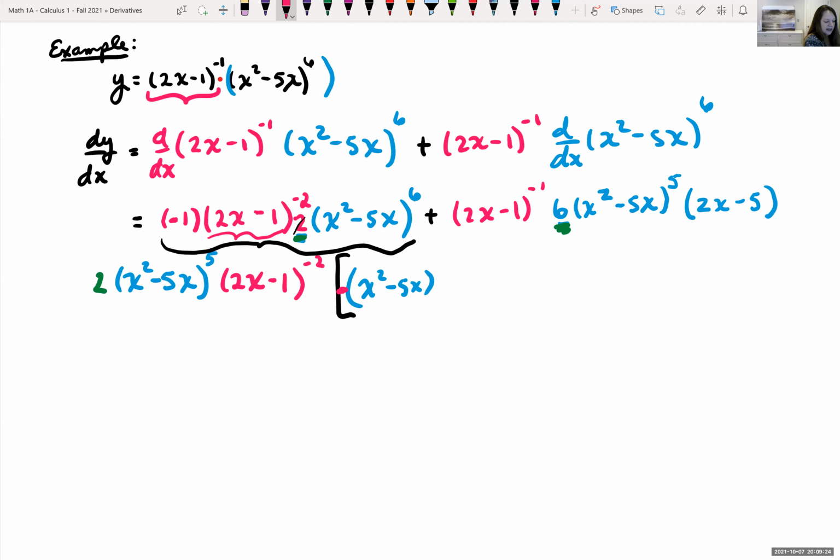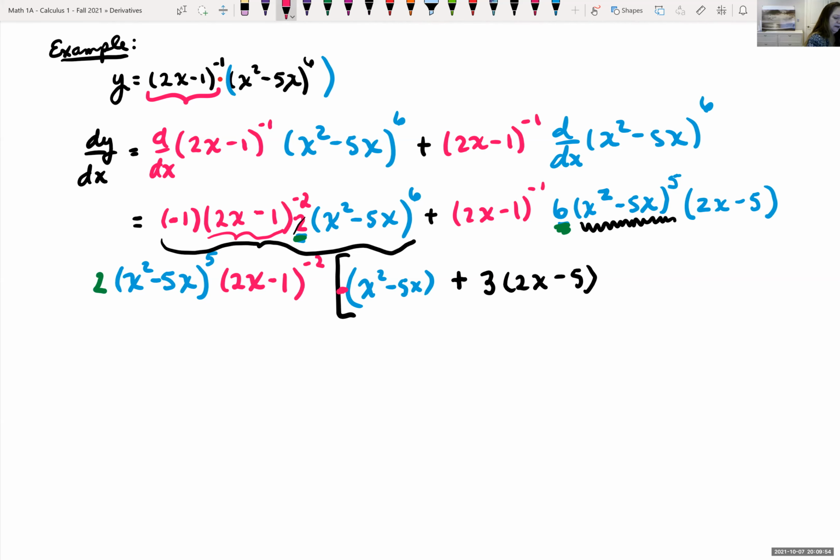So that's all we're left with when factoring that out of the first grouping. Plus, we pulled out 2 from 6, so we're left with a 3. We pulled out all of the x squared minus 5x to the 5th, so we're left with this 2x minus 5.